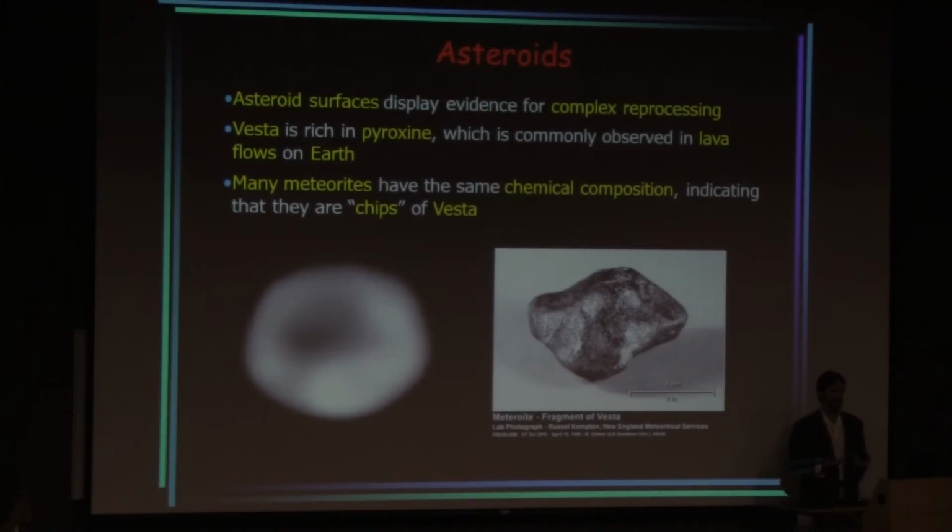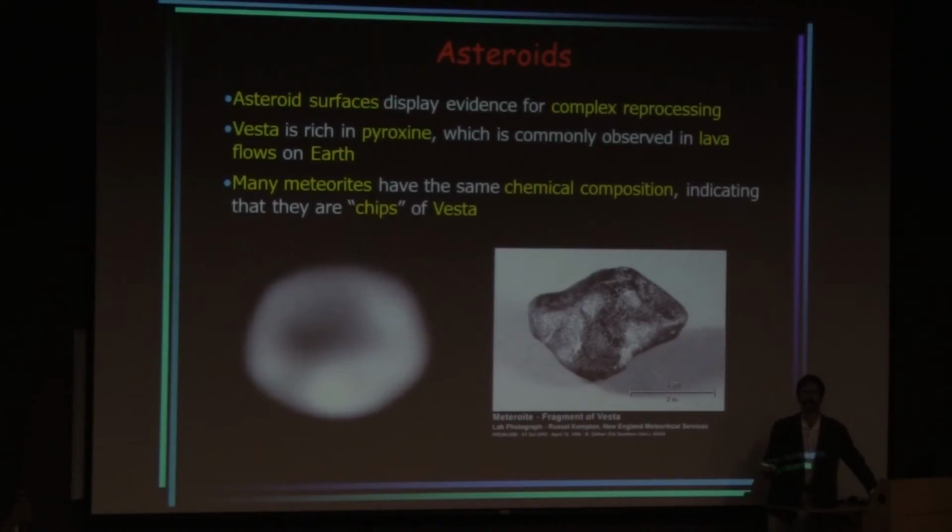We've actually learned a little bit about Vesta in a very indirect way, because there are many examples of meteorites that have passed through Earth's atmosphere and landed on the ground. We can study them, and there's a class of meteorites found on Earth that have a chemical composition that matches the chemical composition of Vesta.